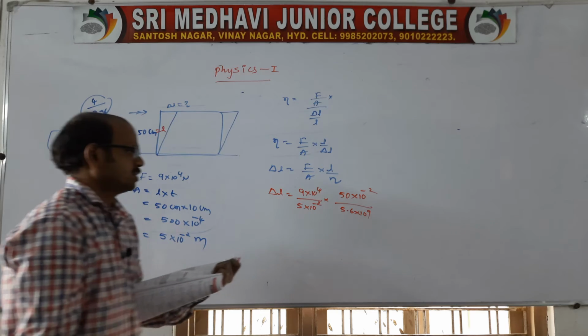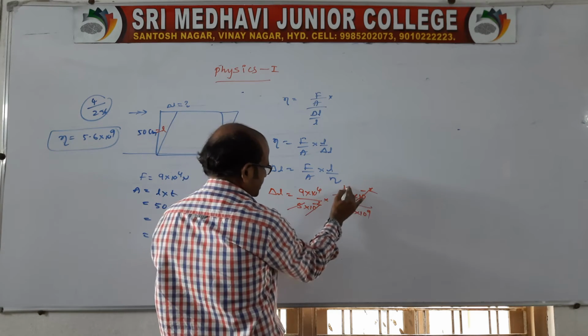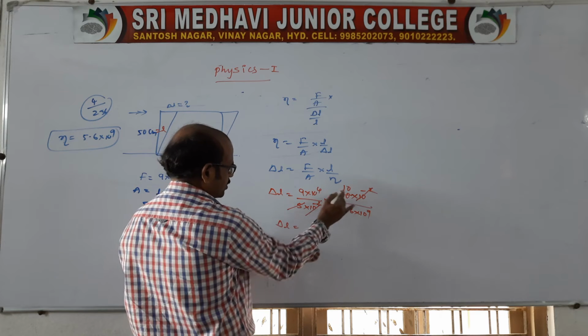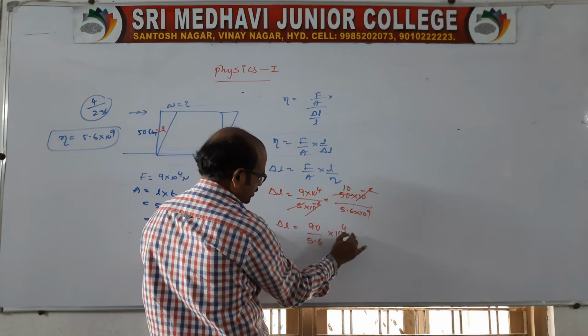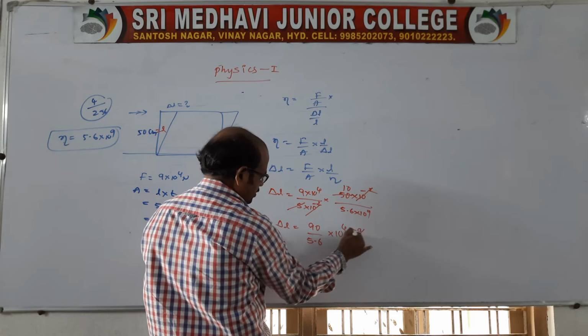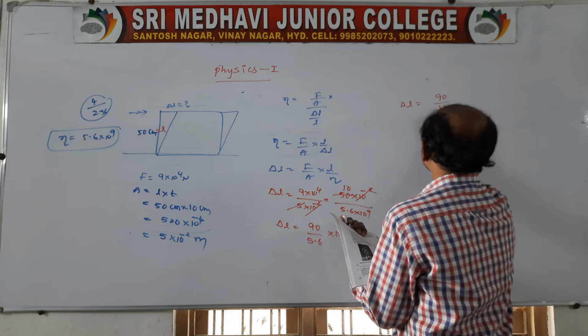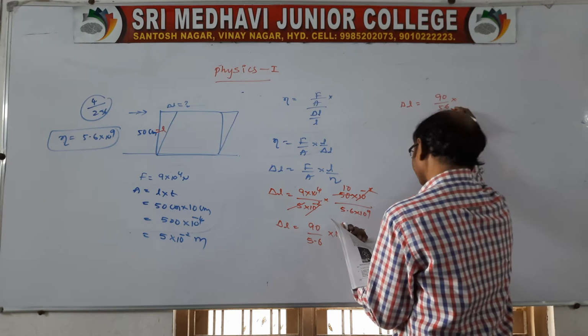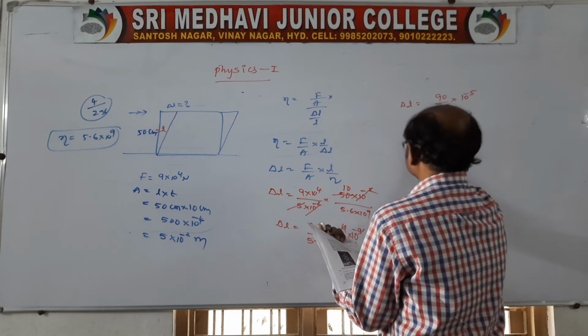So the 10 power minus 2 terms cancel, and 5 and 5 cancel. Delta L is equal to 90 by 5.6 into 10 power 4 into 10 power minus 9. So this is cancelled. Delta L is equal to 90 by 5.6 into 10 power minus 5.